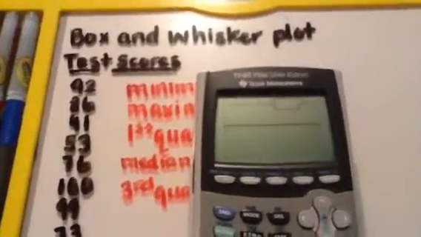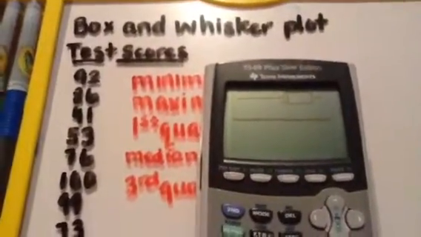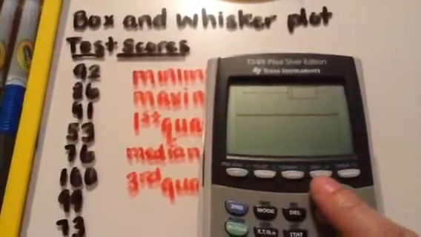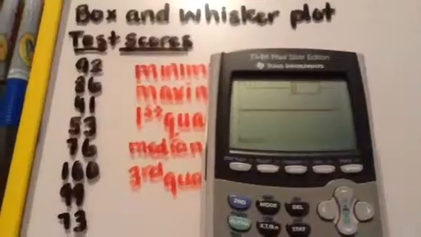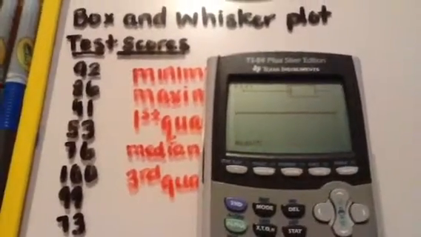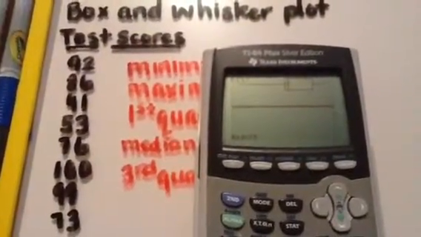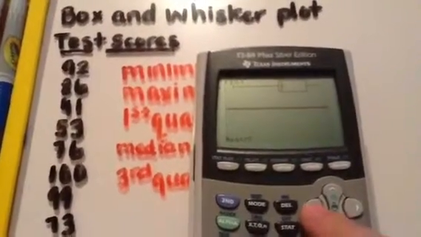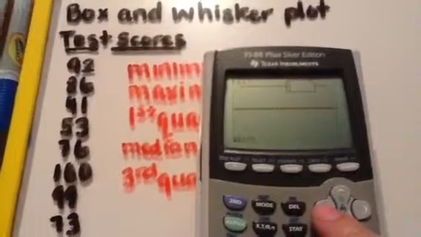But we still want to know what the minimum, maximum, the first quartile, median, and third quartile is. So we want to push trace. And the first thing it gives us is your median. Isn't that cool? If you go to the left, your first quartile, 73.